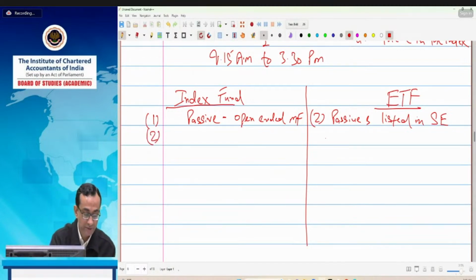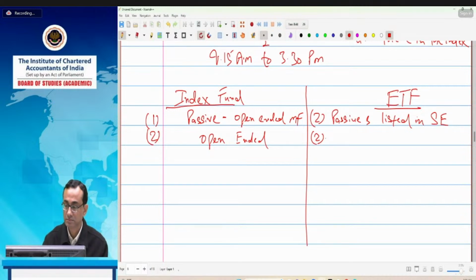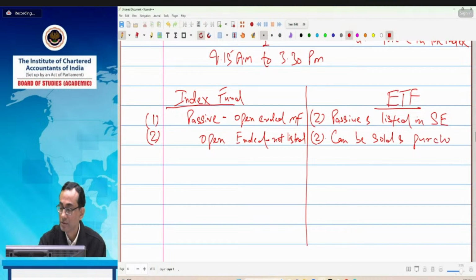Now, the second point. The index fund is open-ended, or you can say it is not listed, and an ETF can be sold and purchased anytime during trading hours.